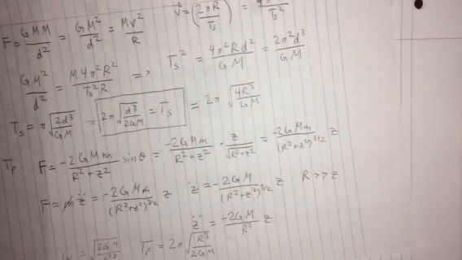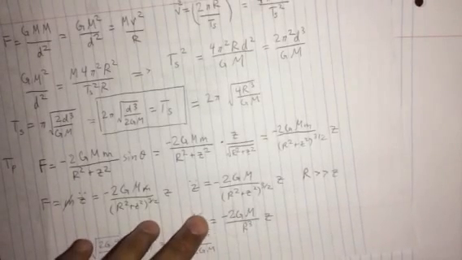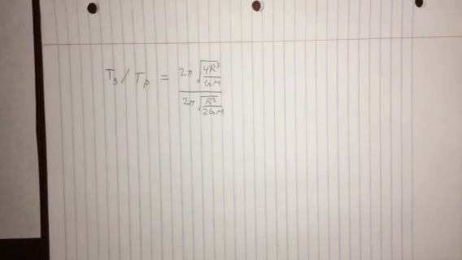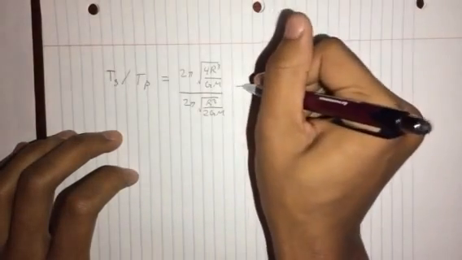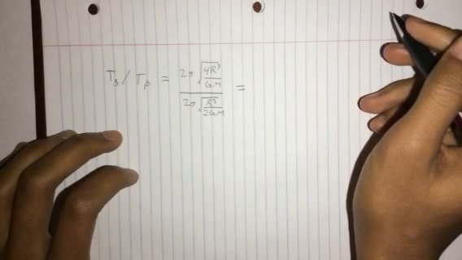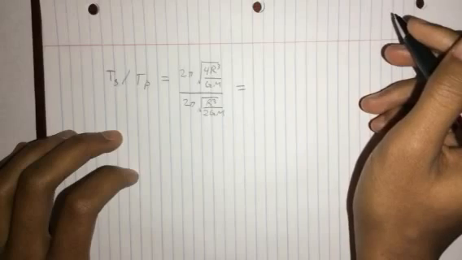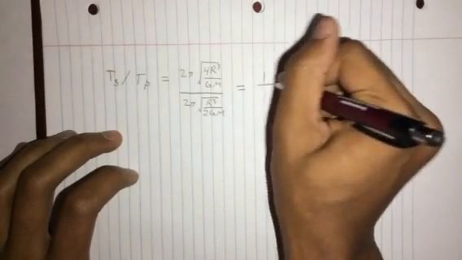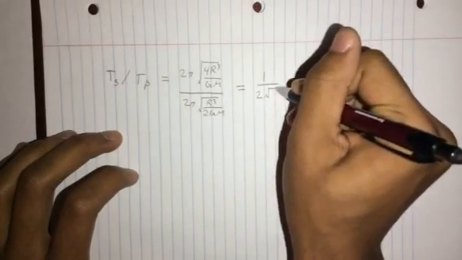Yep, and then this is 2GM, r cubed over 2GM, yep, that looks right. So then, what is this ratio? This is just going to be 1 over 2 root 2.